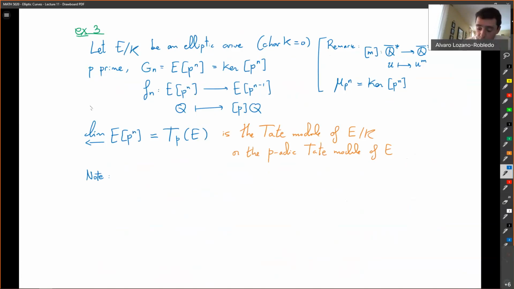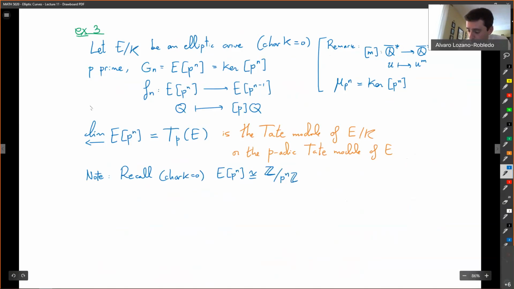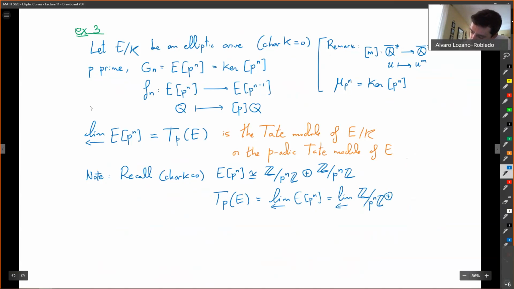Because the characteristic is 0, what we said previously is that the p to the n torsion is isomorphic to 2 copies of Z mod p^n Z. Therefore, when I compute the Tate module, it's the inverse limit of 2 copies of Z mod p to the n Z, and each copy gives me one copy of the p-adics.